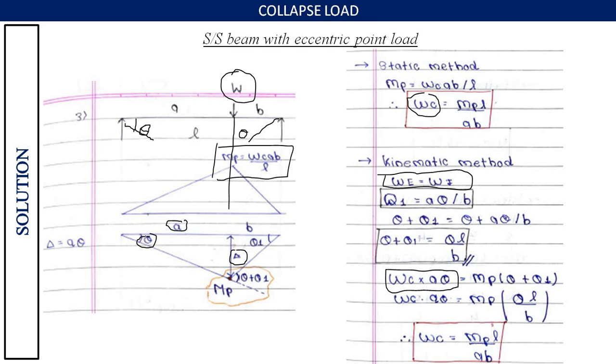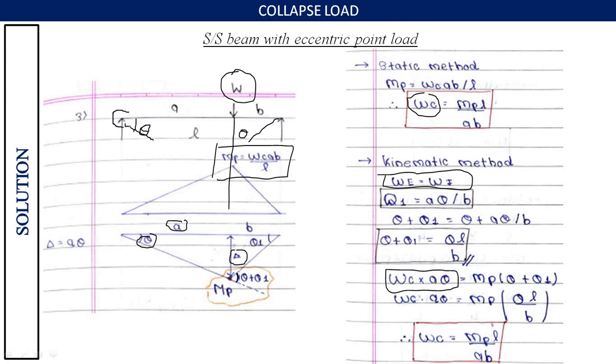So the notation I have provided is theta for the left side and theta 1 for the right side, due to the change in the angle. So the total will be theta on the left side plus theta 1 on the right side. It will be the total of left plus right. So let us consider the Wi for internal.